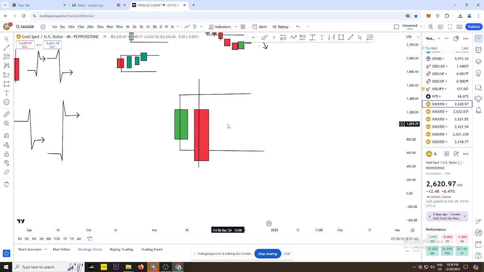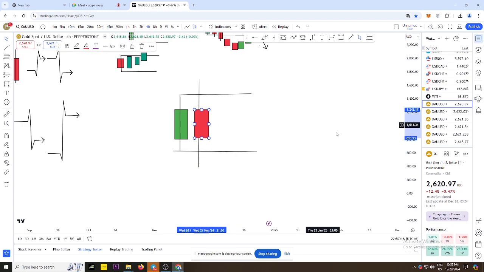Either it will be regular or irregular. To complete the engulfing, our rule says the first candle's low has to be broken out by the red candle. If it breaks out with one single candle with the body, then it will be regular. If it takes two, three, four more candles, then it will be irregular.